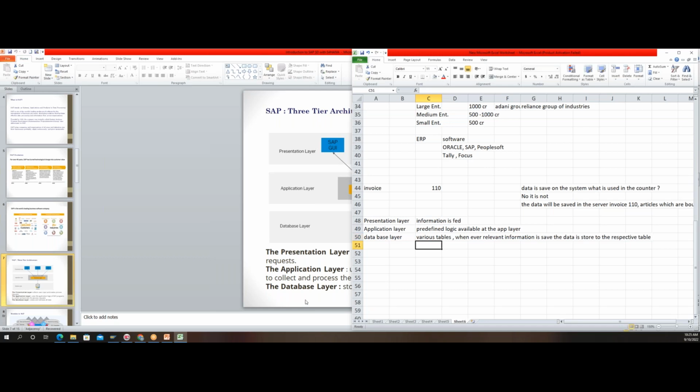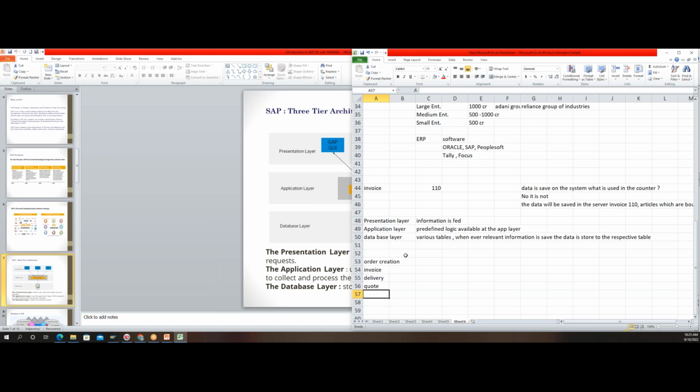Clear? So for order creation, we'll have some tables. For invoice, we'll have a different table. For delivery, we'll have a different table. For quotations, we'll have a different table. Likewise, we have different tables for different activity.